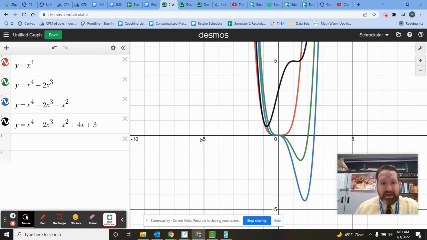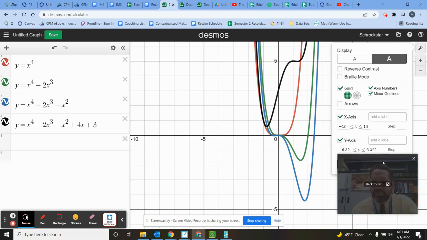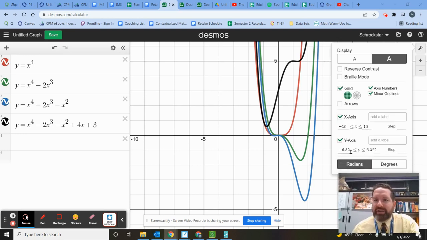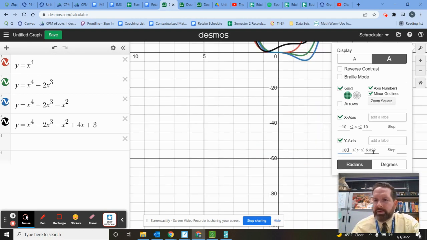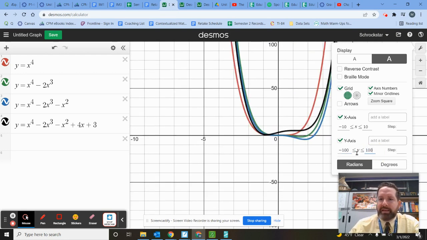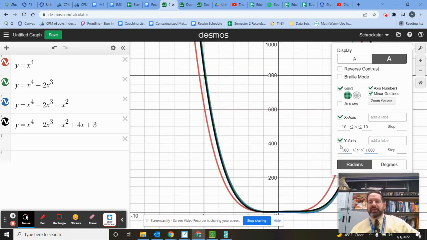So this particular graph right now is only going to -10 and +10 for my x's. That's not very big. So right now, these graphs look pretty dissimilar. They are clearly not the same thing. But I'm going to now zoom out. Specifically, I'm going to start by adjusting just my y values. So I'm not going to move left or right yet, just up and down. And you'll notice I'm making a pretty big change there.